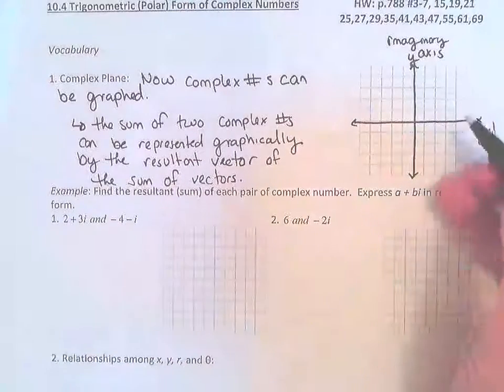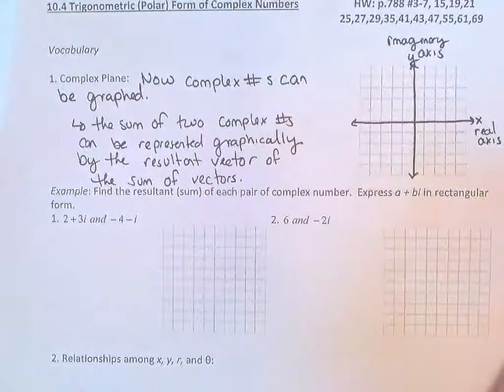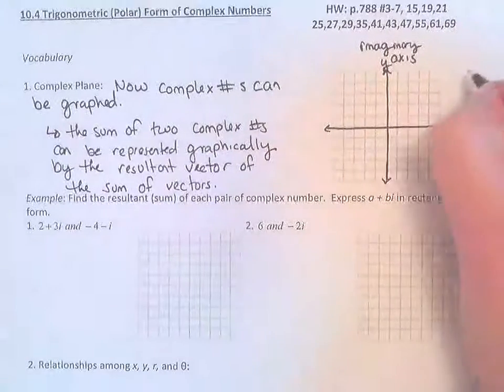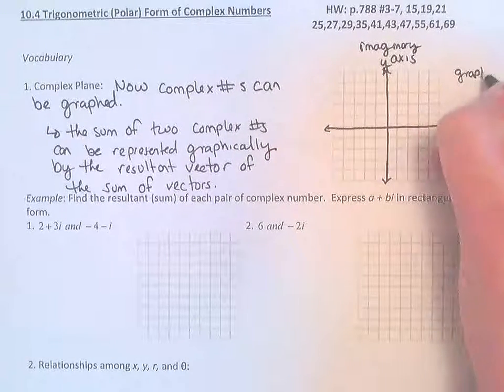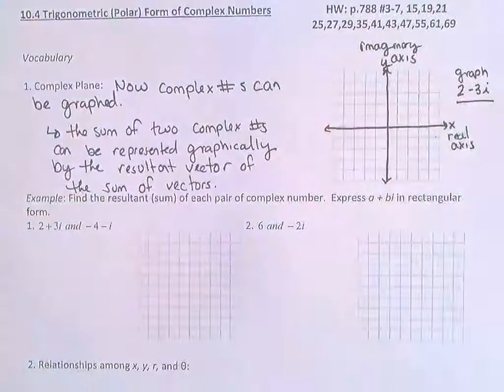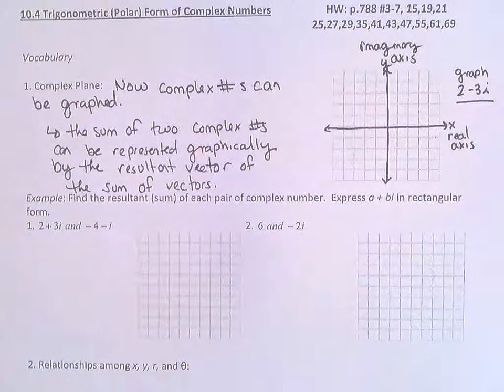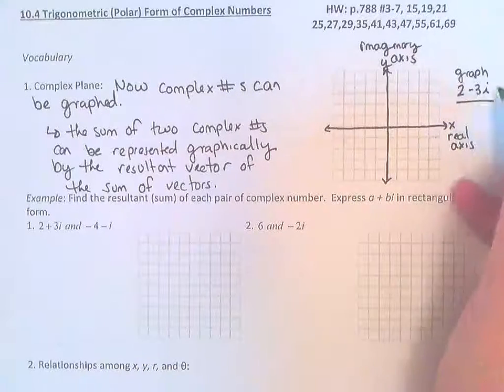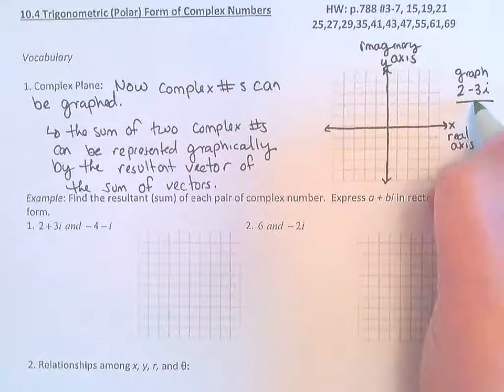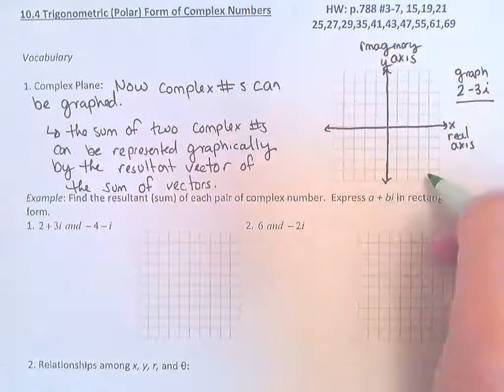So the only difference is, I'm going to give you just a little example. If I said graph 2 minus 3i, now if you remember this from when we did complex numbers, that's kind of where we stopped. Now we can actually graph this on this complex plane.